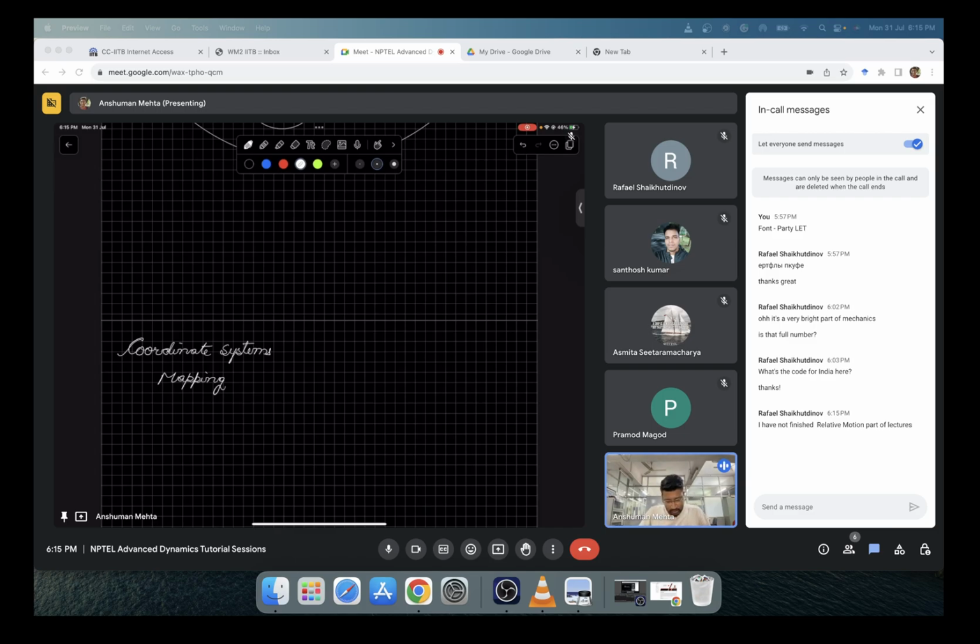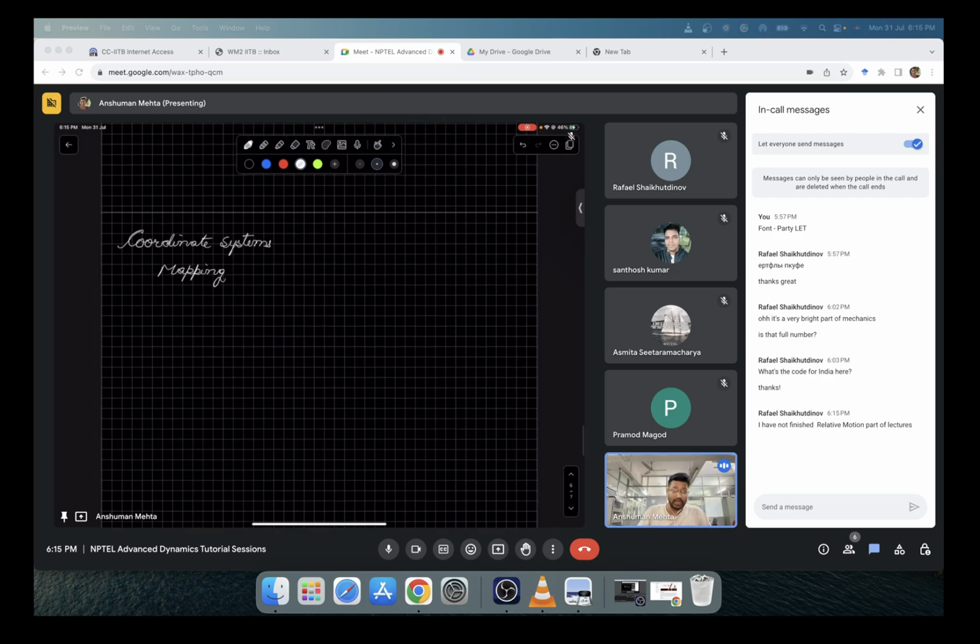Before that, all coordinate systems have notations. If we have a reference frame, all these coordinate systems can be explained in reference frames.